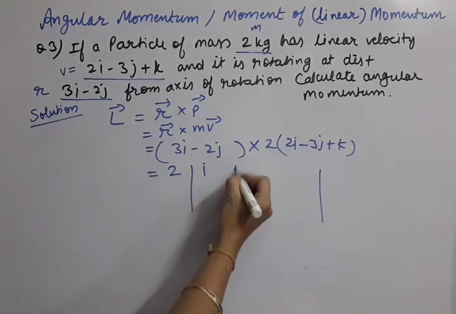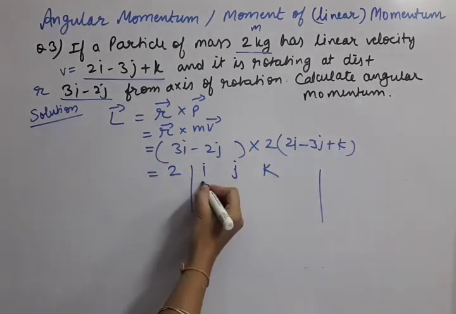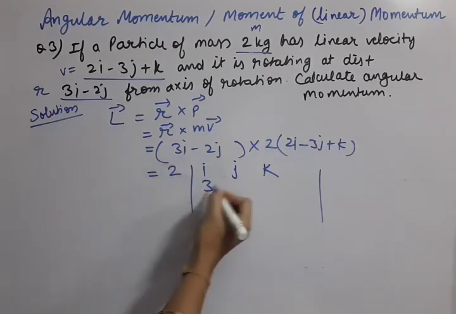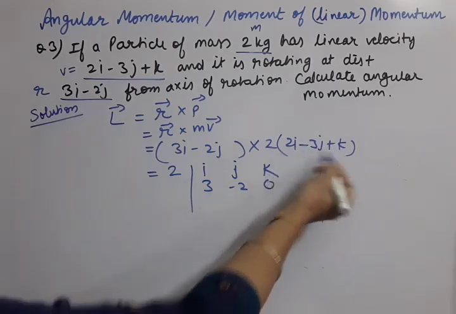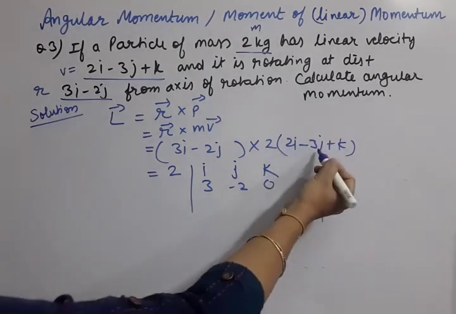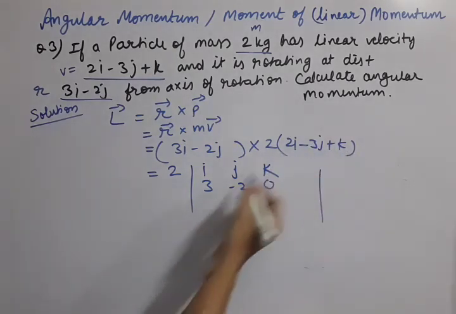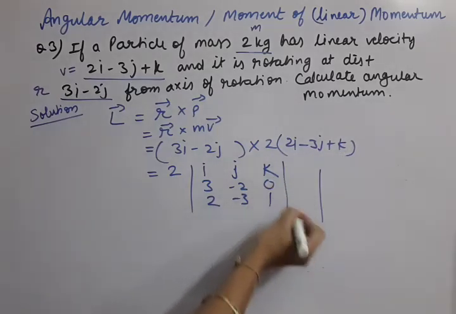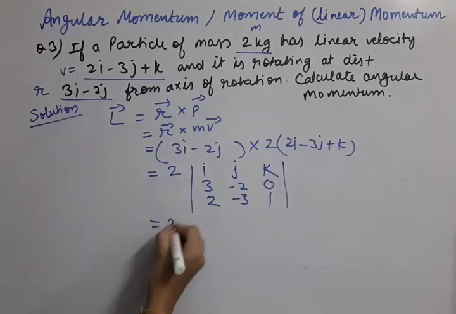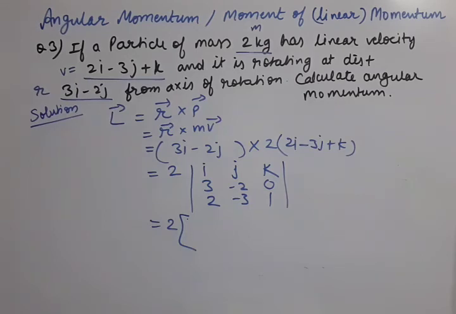So i, j, k, r coefficients 3, minus 2, k is not there, so 0. Then velocity is 2i minus 3j plus k, so velocity coefficients are 2, minus 3 and 1. This way the matrix is prepared. Now how do we solve the matrix? In the same manner we have to solve this matrix, that means we have to solve the cross product.